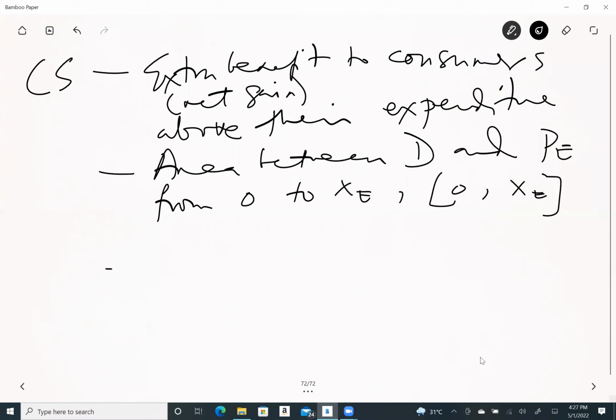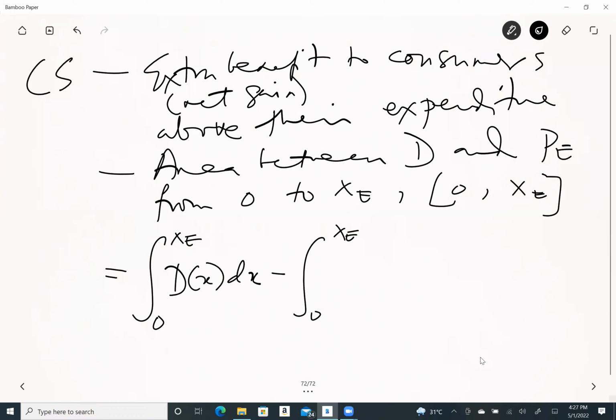In terms of integral, it will be the integral from 0 to XE of the demand function, dx, minus the integral from 0 to XE of PE dx. Sometimes you don't have to write dx, just put d, simpler to write.